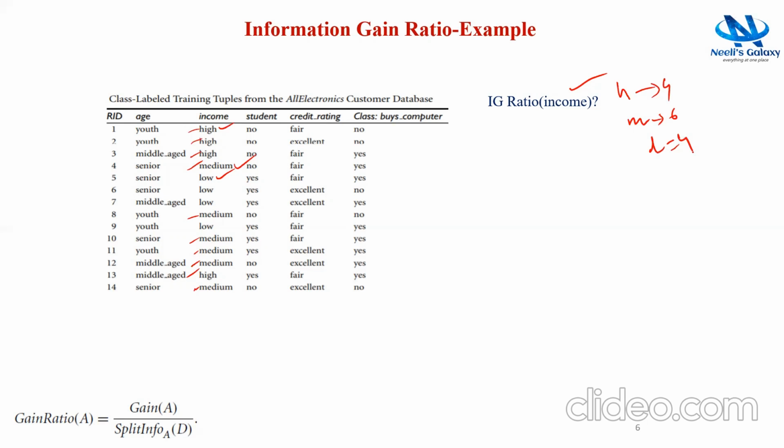With this data, first we need to find out the split information of income. This is the formula for the split information, so let me implement this.